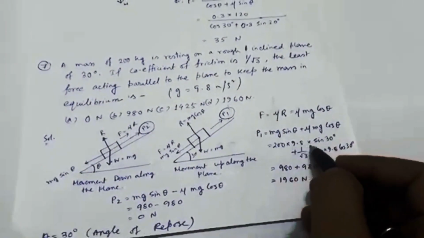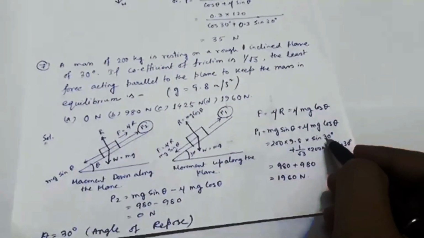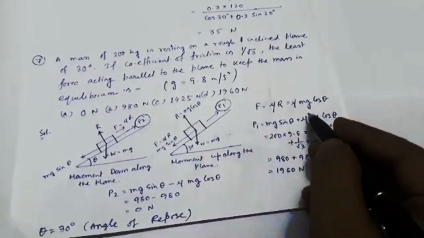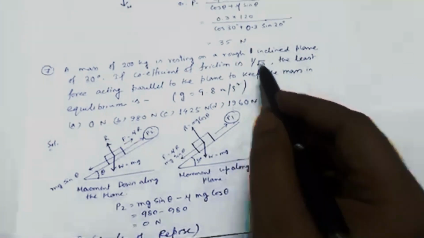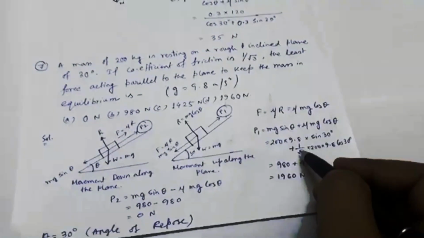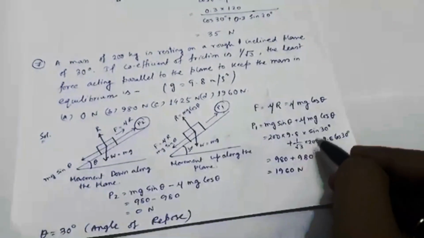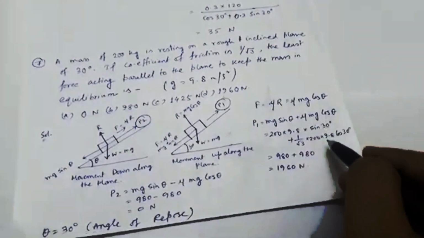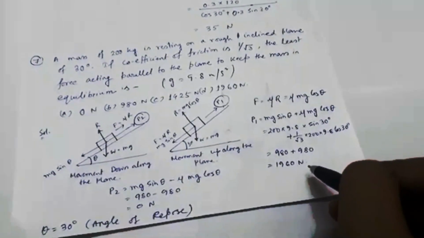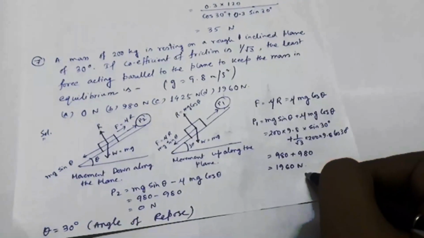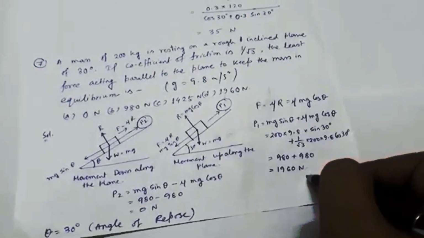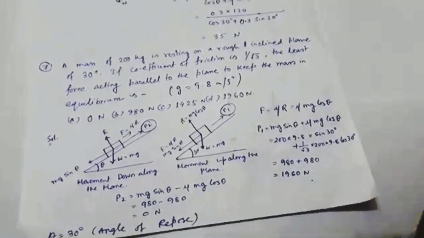So 9.8 into sin 30 degrees, and the value of mu is 1 by root 3, plus 1 by root 3 into m g, where m is 200, g is 9.8, and cos 30, and the value is 1960 Newton. But we have to find the least force acting parallel to the plane to keep the mass in equilibrium.